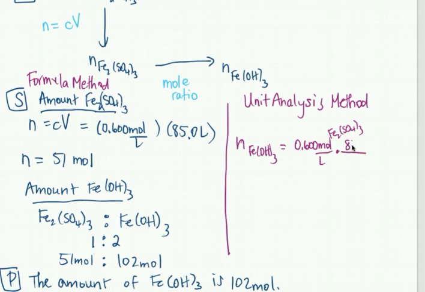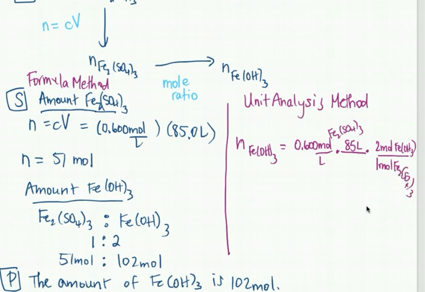Okay, and then we need to use the mole ratio, which is 1 to 2. Sorry, the 2 to 1, I guess, because the one we need to find is 2, and the one we do know is 1. Just squeezing this in here.